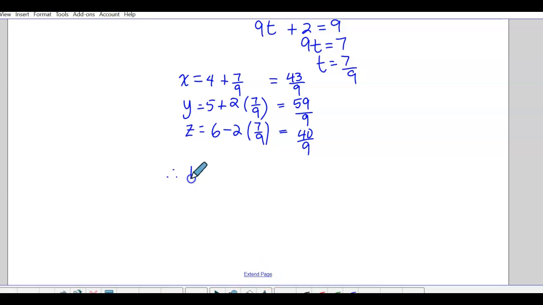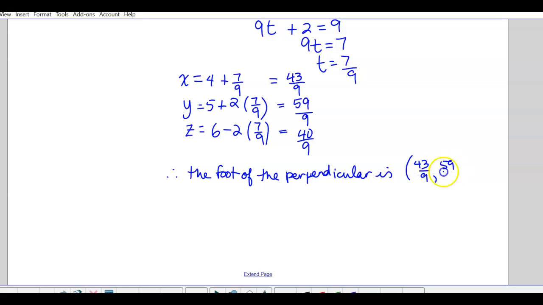So therefore, the foot of the perpendicular is 43 ninths, 59 ninths, and 40 ninths.